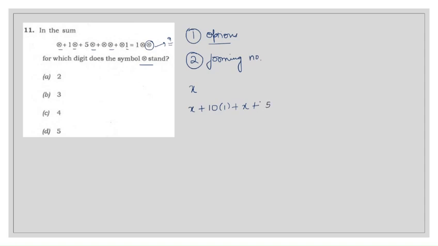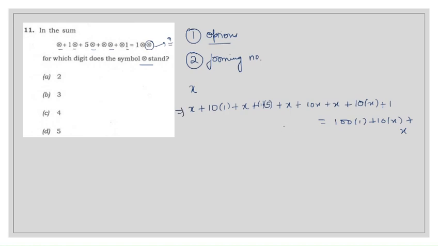Then we'll have 10 into 5, plus x. Then after adding, we'll have 10x plus x plus 10x plus 1. So this should be equal to 100 into 1 plus 10 into x plus x. So we have formed this whole equation.